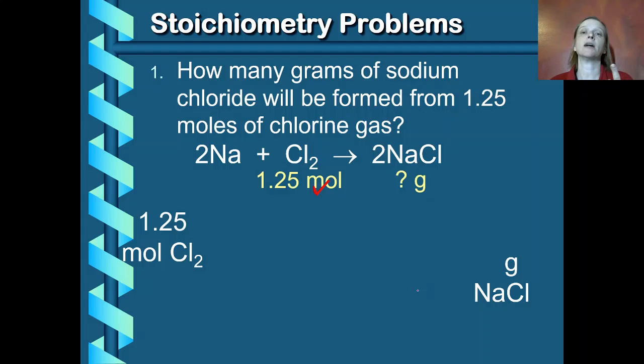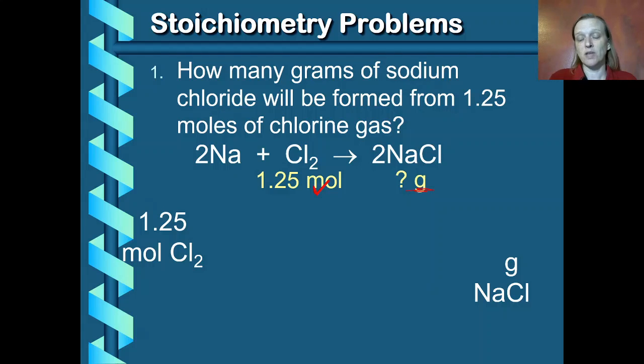That's going to take one step. Is my unknown in units of moles? No, it's not. My unknown is in units of grams. So converting from moles to grams is going to take a step. So by looking at my known and unknown values, I can figure out how many steps this process is going to take. It's going to be a two-step process.